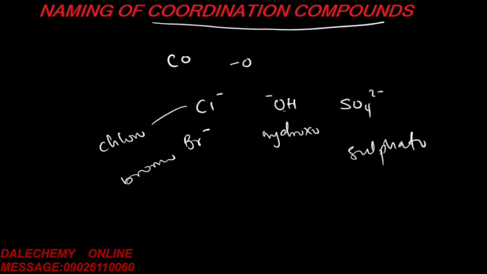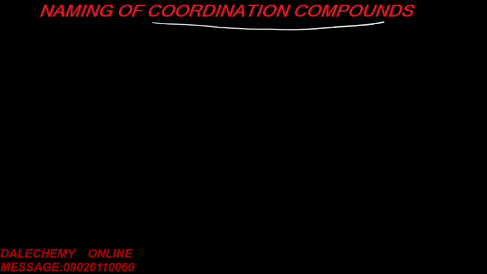And the next one says that if you have an anionic complex, you should end the metal name with the suffix ATE, and you must name it in its Latin name. Say for instance you're having CuCl4 2 minus.